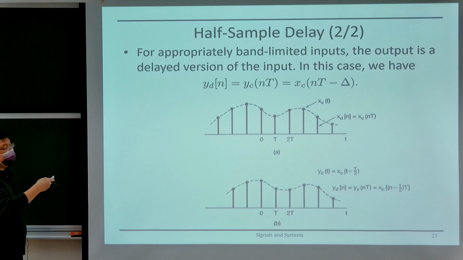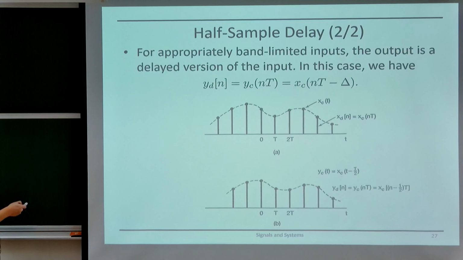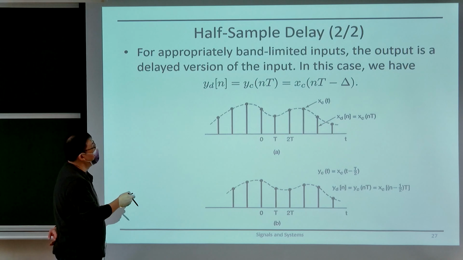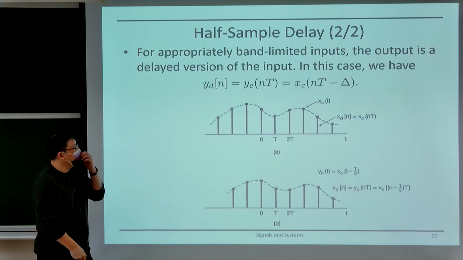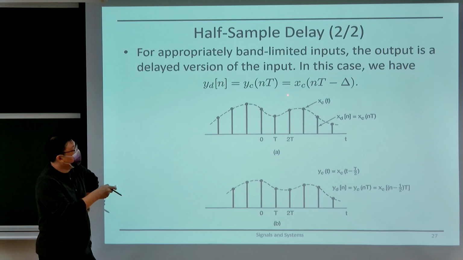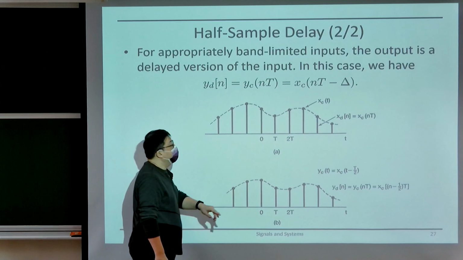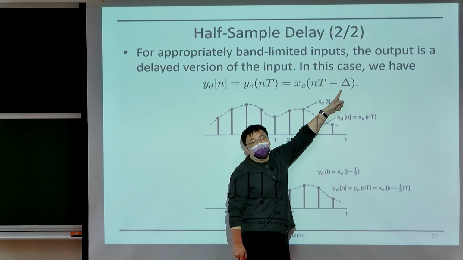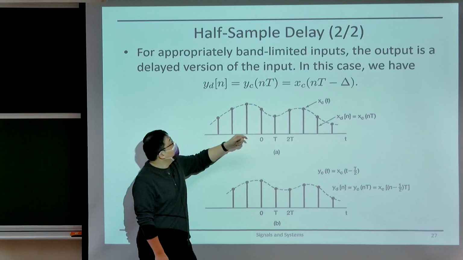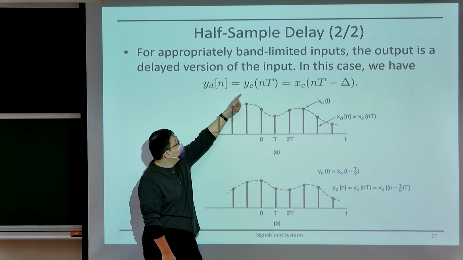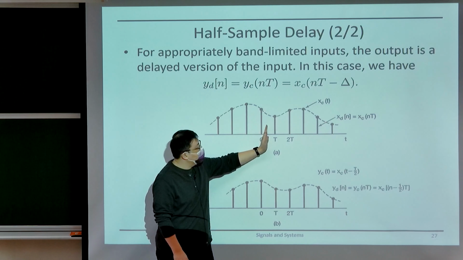So one thing to note here is that when you convert the signal to discrete time, you're taking samples of the continuous time signal at integer multiples of capital T. Now, if delta is also an integer multiple of capital T, then the sampling of the time-shifted version will just be the shifted version of the discrete time sequence.